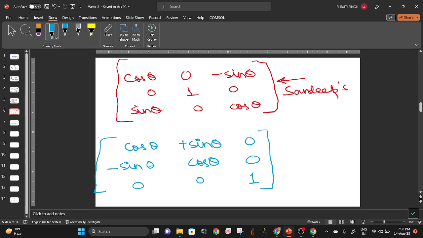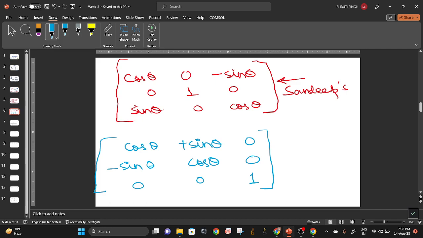About z axis rotation, the x axis was transformed to x1 cos theta plus y1 sin theta.